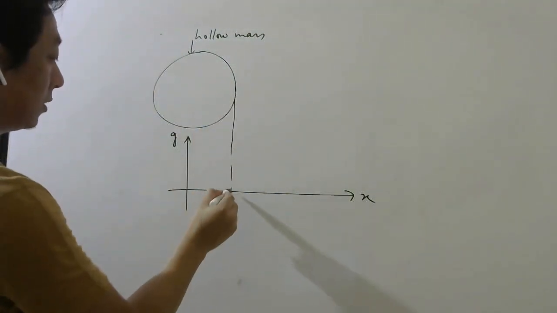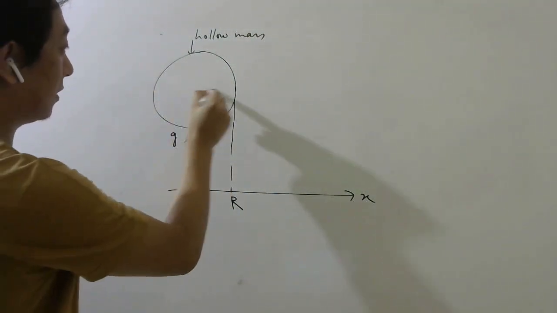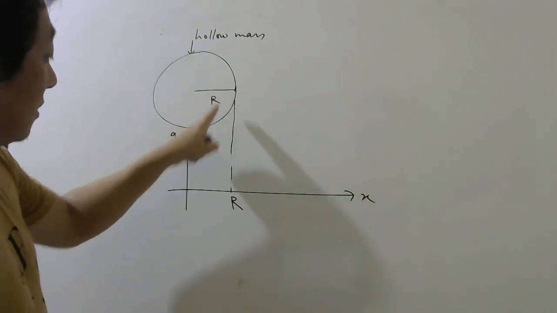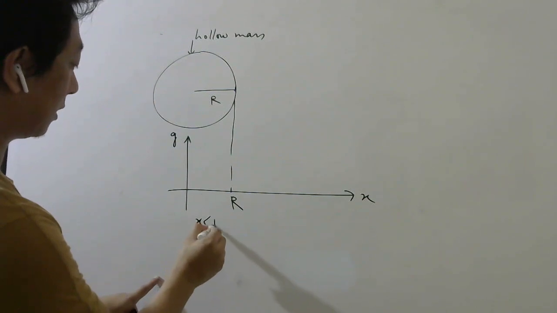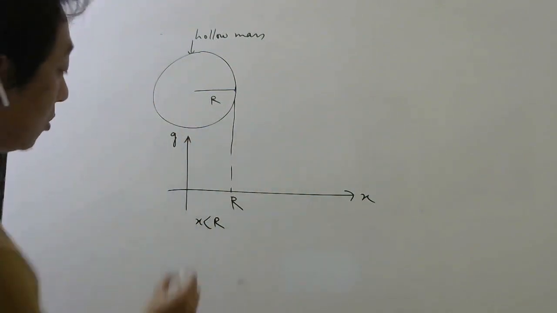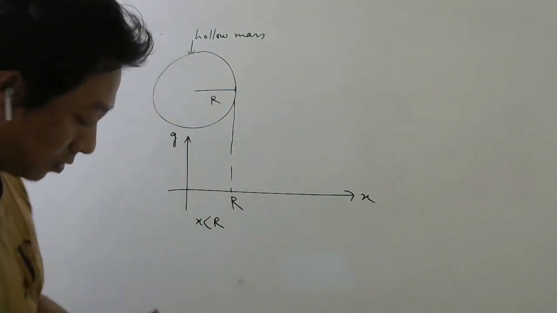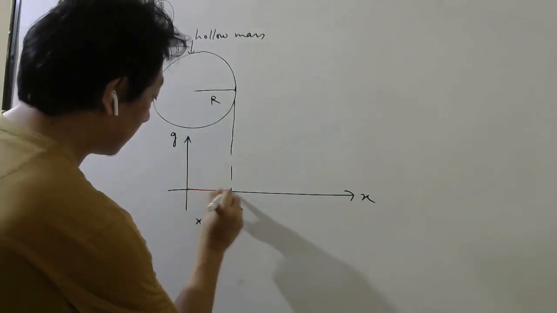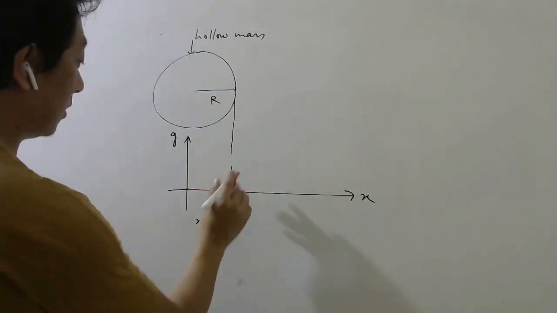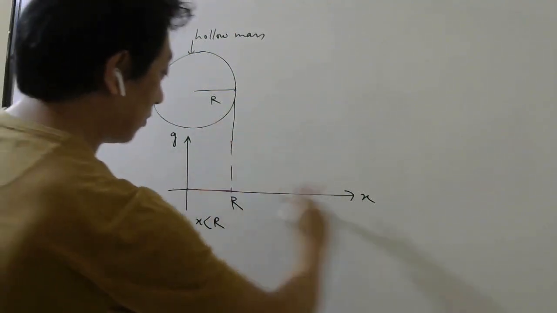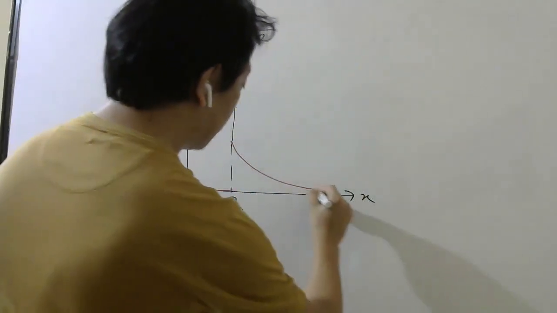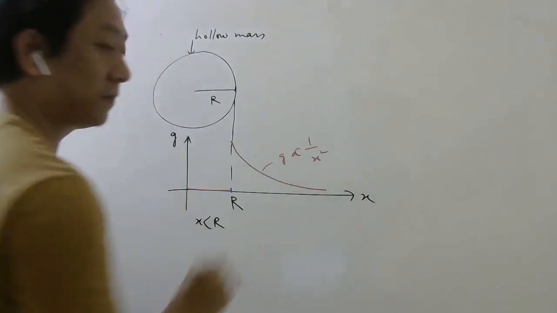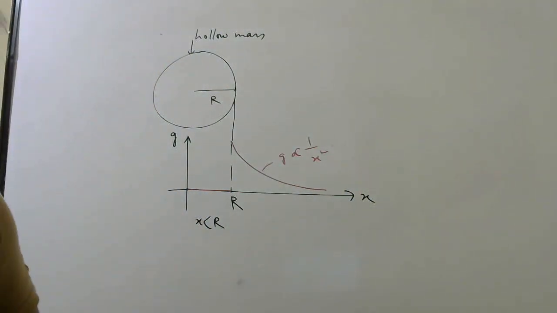Then till you reach the surface, let's say the radius is capital R, till your x is less than capital R, that means you are inside. So here you know G is 0, so your graph will be something like this. So G will be 0 inside, and outside it will suddenly jump and then it will decrease. So here G is inversely proportional to x squared. Right? We have seen that already.